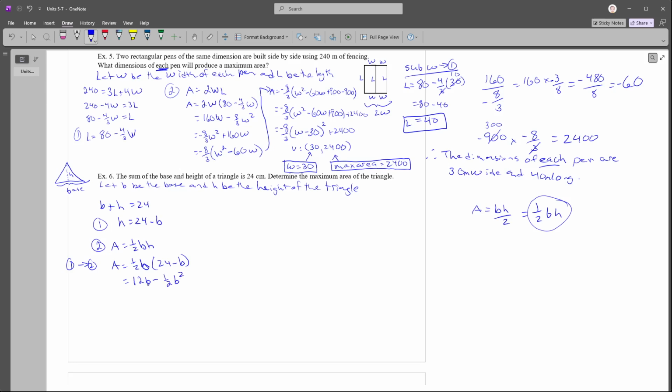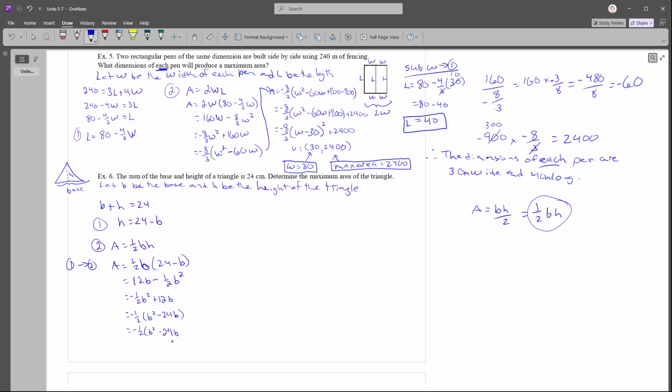Okay. We do the same thing we've always done. We're going to complete the square. So we need to rearrange this first of all. So it equals negative 1/2 b squared plus 12b. And now we got to factor out our a term, which is negative 1/2. Negative 1/2 and we've got b squared. Now 12 divided by a half is the same thing as multiplying it by 2, so that's minus 24b.